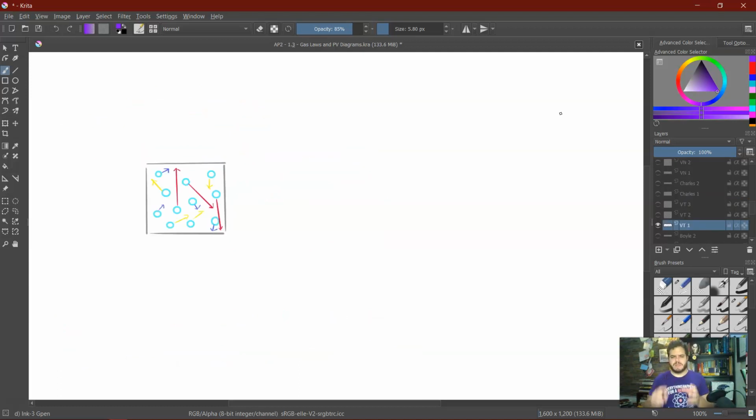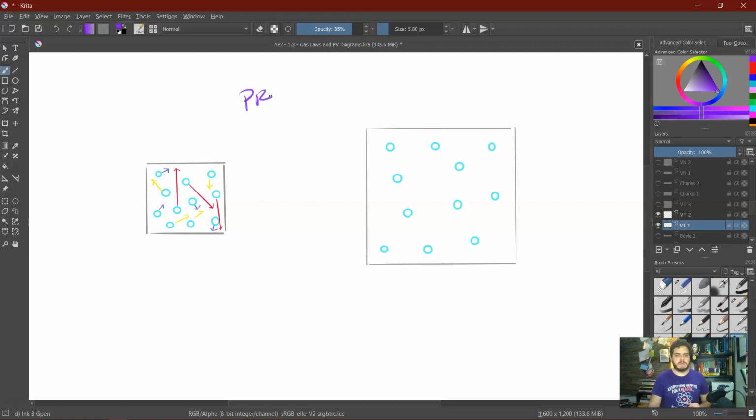So now let's imagine we once again have a box, and it is filled with a gas at a fairly average temperature. And we are going to expand the volume of the box. But we want the pressure between the first box and the second box to be constant. Well, this kind of goes with what we were just talking about.